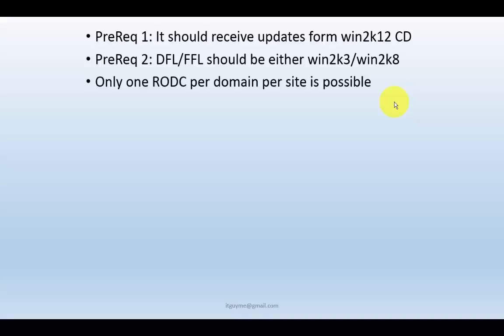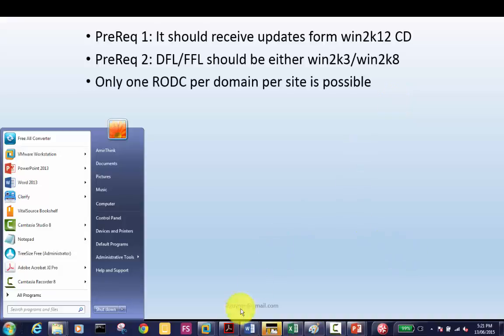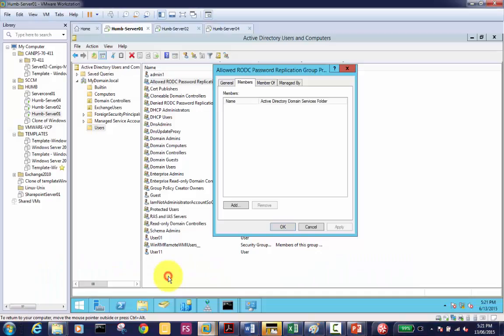So in this domain we are adding users. This domain can have one RODC only. If you want another RODC, go ahead and install a child domain there, right? In the child domain, when you go to Active Directory Sites and Active Directory Users and Computers, and go to this area, the membership group.